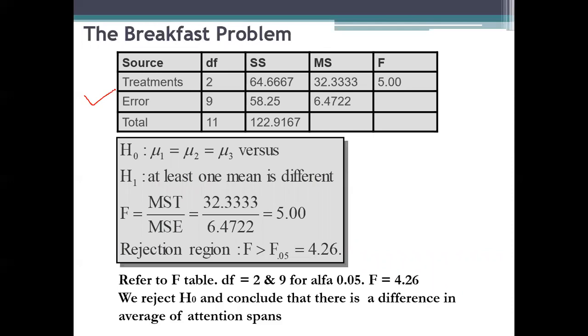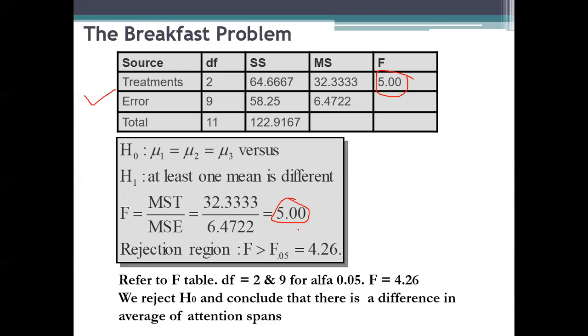So now this is the table. Based on the table, we can see that the test statistic is 5.00. So now you must refer to the F table.